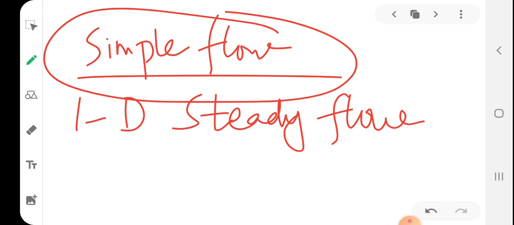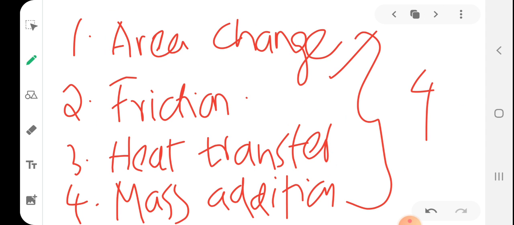Right. So there are four different driving potential flows. Where there is a gradual area change, they are usually called isentropic flow. The second one is flow with friction, usually called Fanno flow. There is a flow with heat addition, it is called Rayleigh flow.